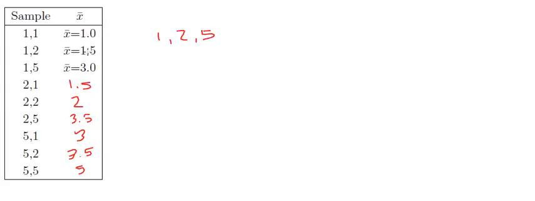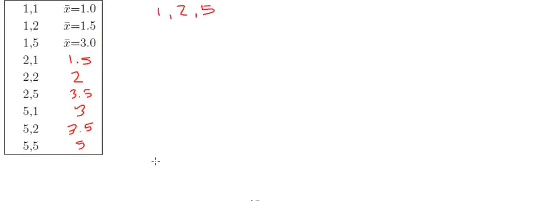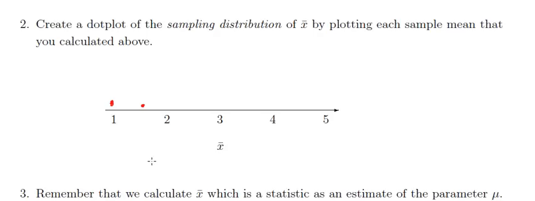I'm just going to continue in that fashion. So 2 appeared once, 3 appeared twice, 3.5 appeared twice, 4, and then the last number was 5.